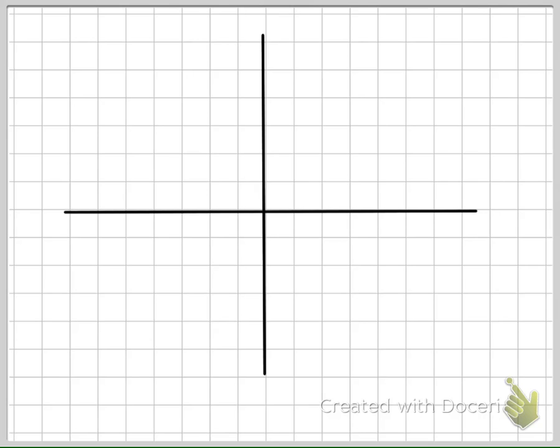So it's going through this point right here. And then, let's see, it looks like it also goes through this point, and that point. All right, so this is our line.